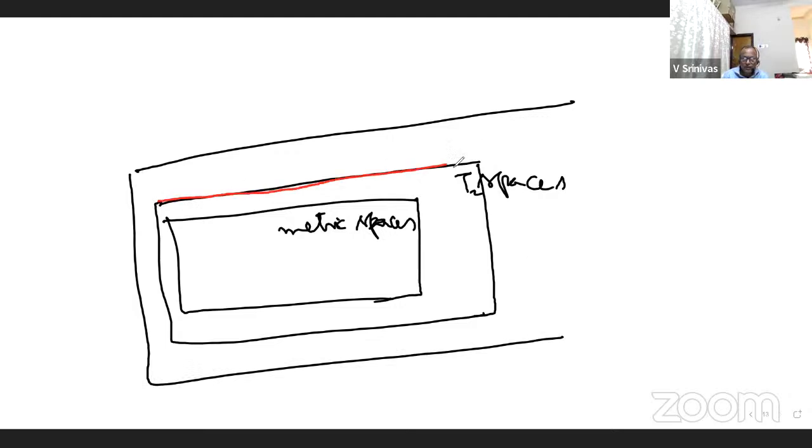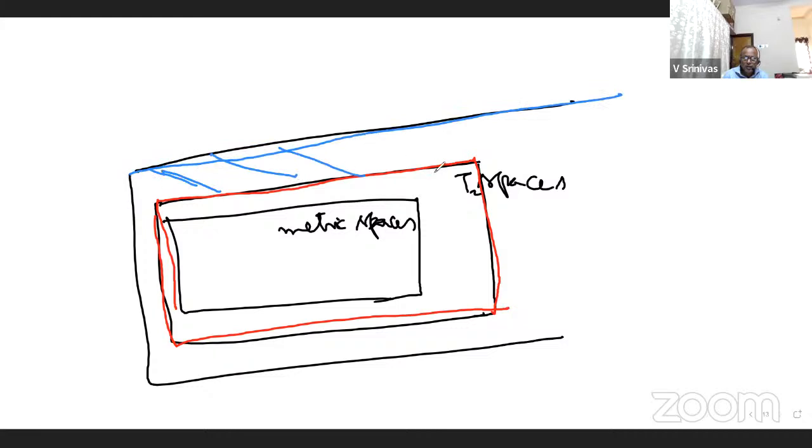Let's go for a different color. So every metric space is T2, and every T2 space is T1. Let me give blue color. This is T1, these are T1 spaces.